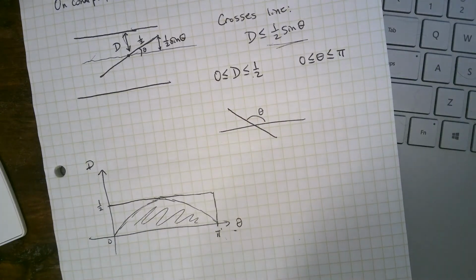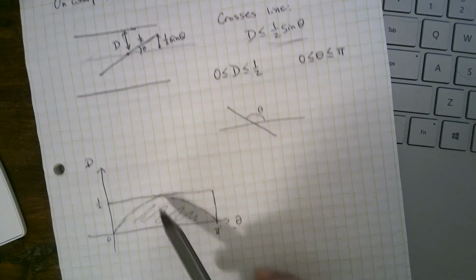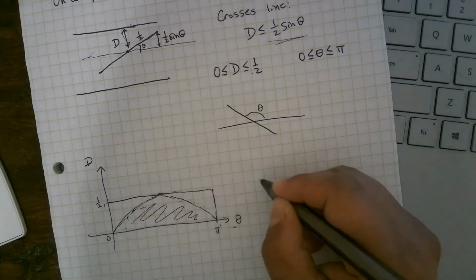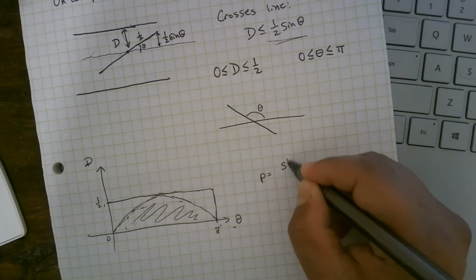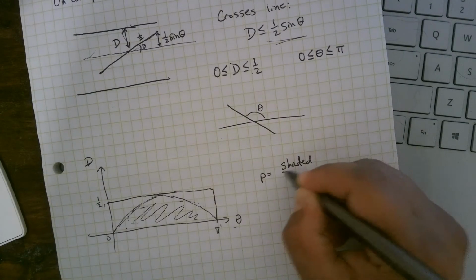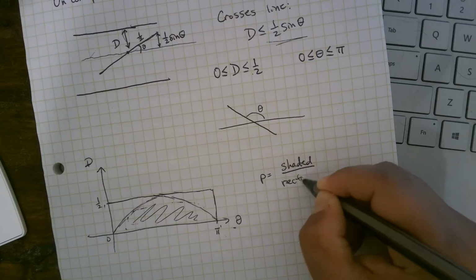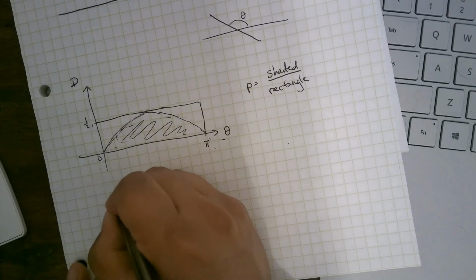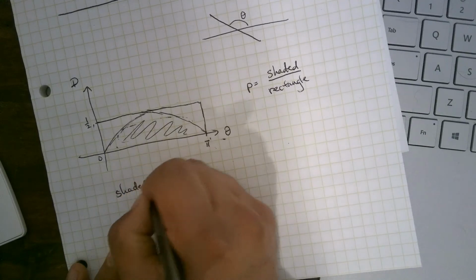So this is a geometric probability, meaning here's our successful region, here's our total region, and so the probability is just going to be the area of the shaded region over that whole rectangle. Well, we can calculate this with some basic calculus.